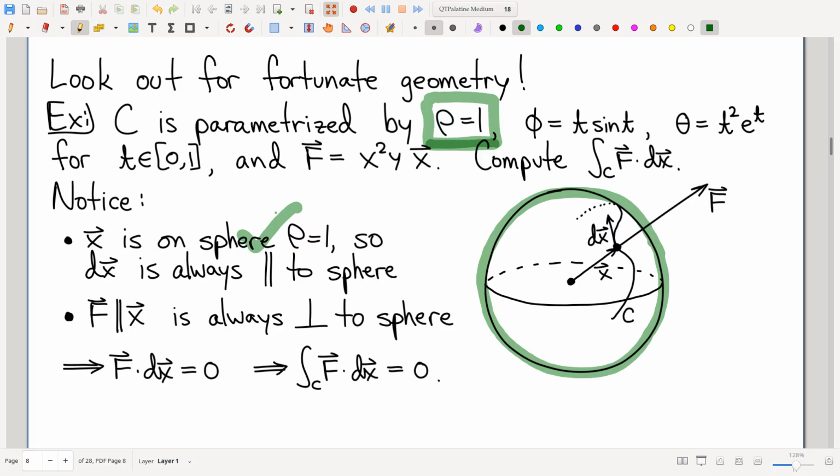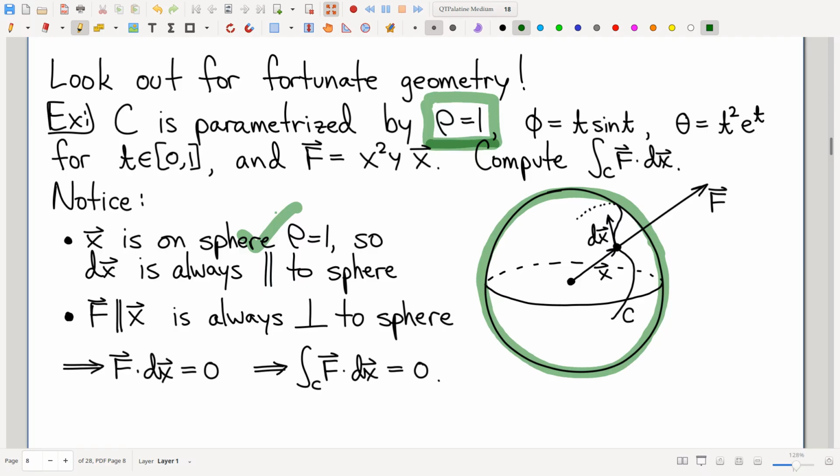Next, geometric observation: on any surface, sphere, plane, whatever, doesn't matter, any surface, if you are moving on the surface, then your direction is parallel to the surface. Geometric appeal, right? Imagine the desk surface here.